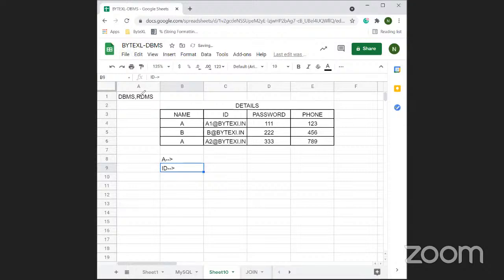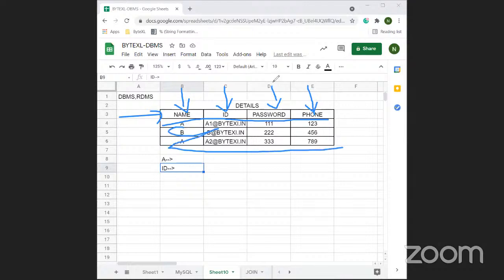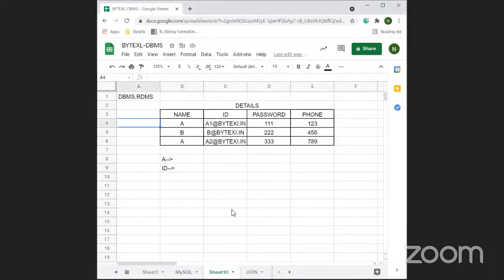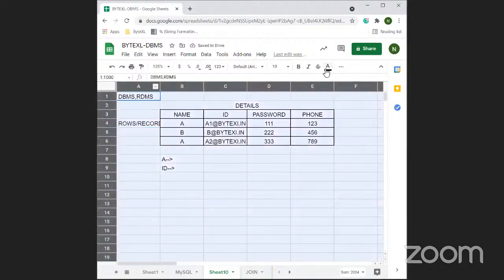To give a perfect idea, this is called a column. Everybody knows, I'm hoping. So name is one column, ID is another column, password one column, phone number one column. Then all these values, the value of A, value of B, then the value of C, are called rows or records.